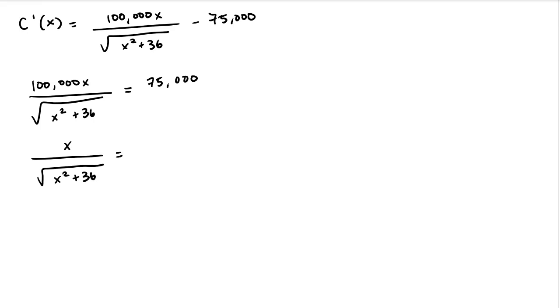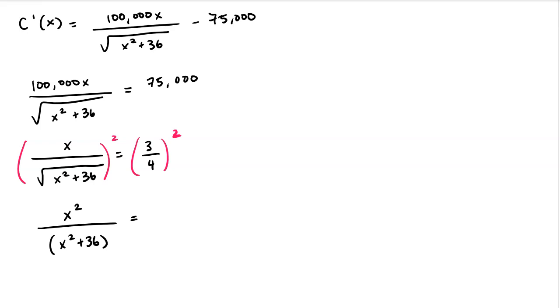And 75,000 divided by 100,000 should give us 3/4. And then from here, we can square both sides, and we get x squared over x squared plus 36 is equal to 9 over 16.